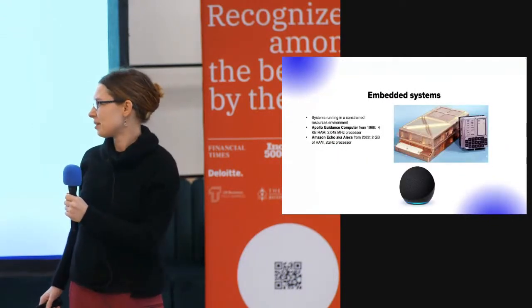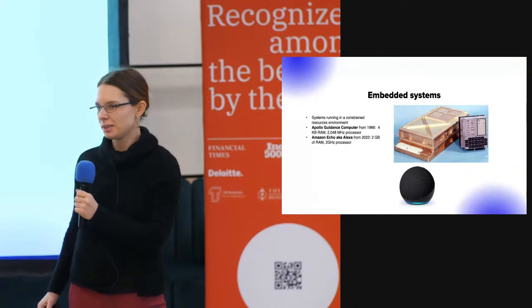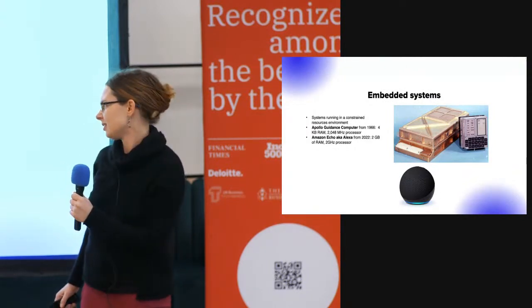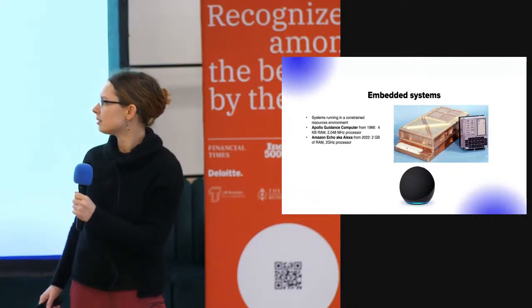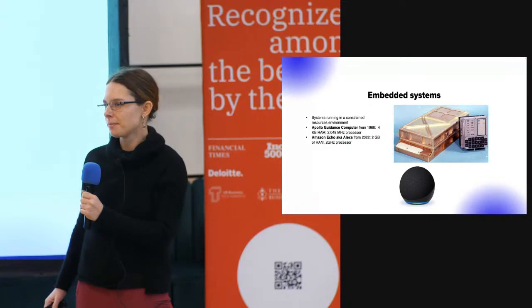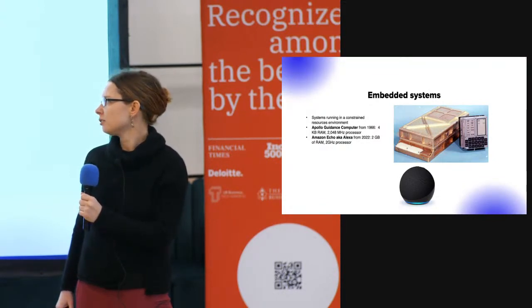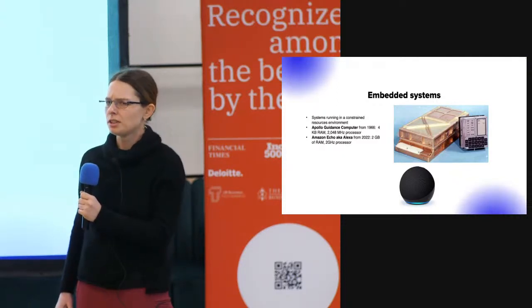And here is Amazon Echo with Alexa, which many of you use to buy things online. And this small device has 2 gigabytes of RAM and a 2 gigahertz processor. So here may be a question: oh my God, how did they make it to the moon with such a small amount of memory? Well, actually, the answer is pretty straightforward, because in space, many things are deterministic.